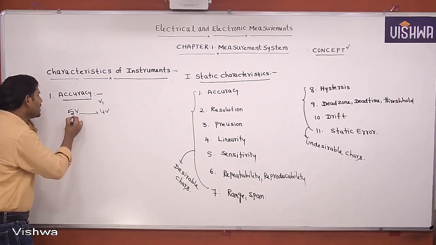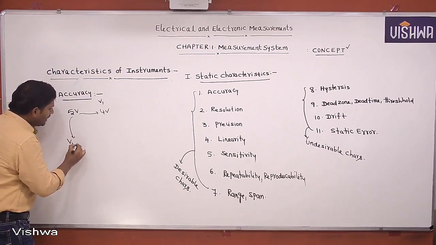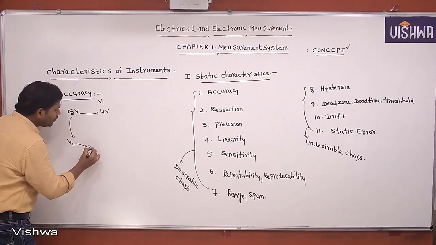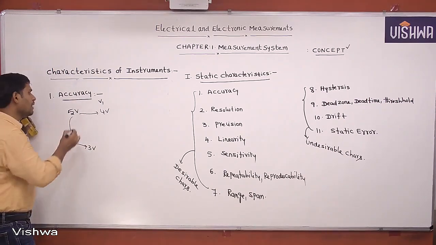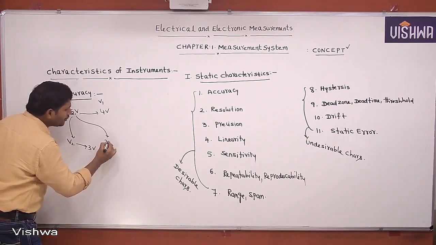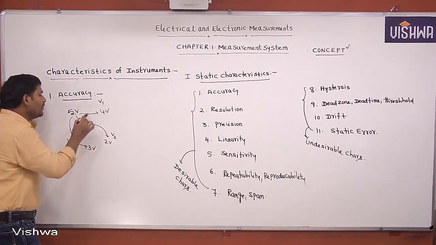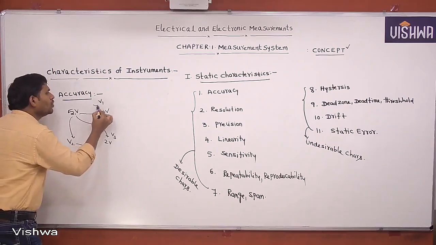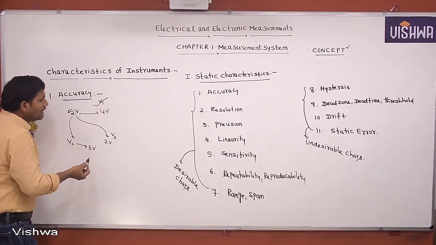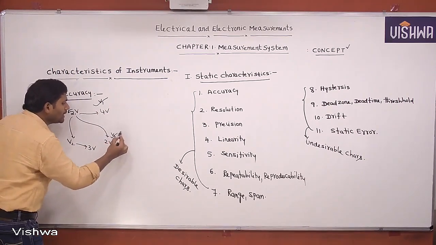In the measurement of 5 volts, another meter shows the reading of 3 volts. In the measurement of 5 volts, another meter shows the reading of 2 volts. Then which is more accurate? Voltmeter 1 is more accurate. Then which is less accurate? Voltmeter 3 is less accurate.